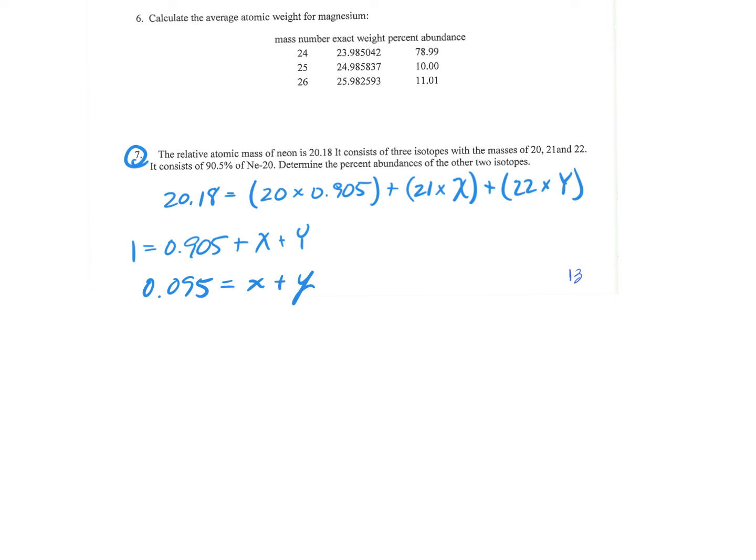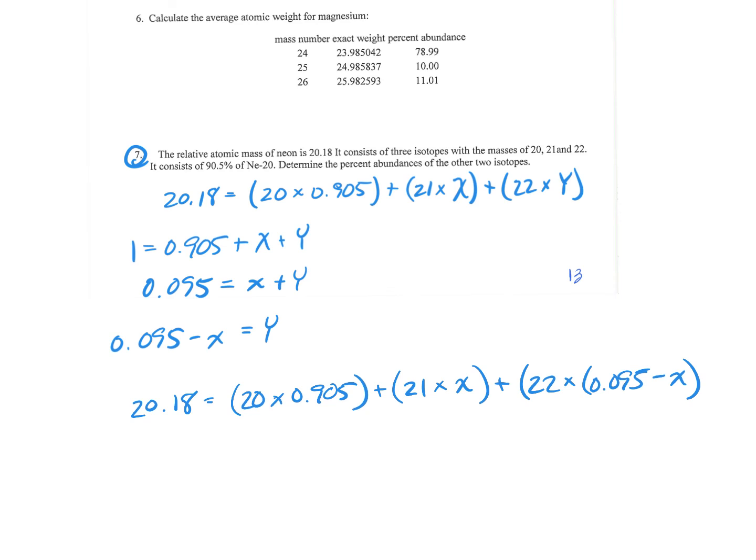Okay, so that's 0.095 equals X plus Y. I'm going to solve for Y now. All right, so Y equals 0.095 minus X. So what I'm going to do now is take this value for Y and substitute it up here. So I'm going to rewrite this. So that's what I did. I substituted this value for Y.